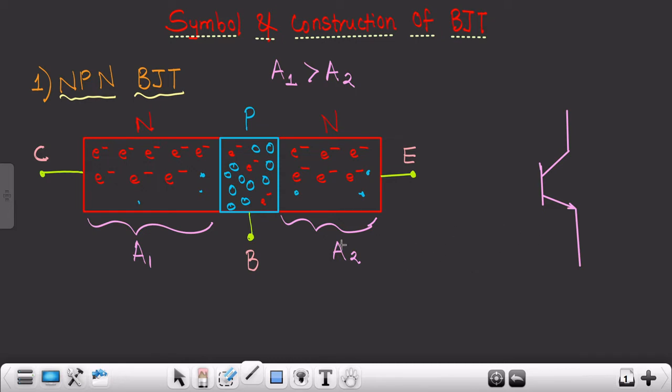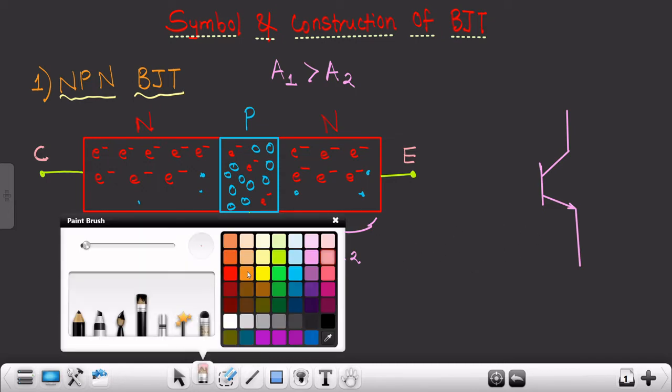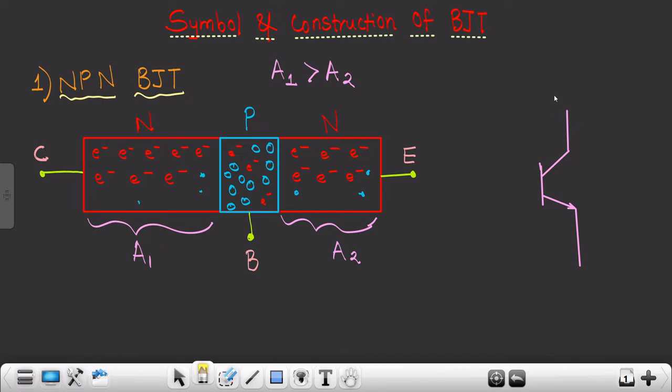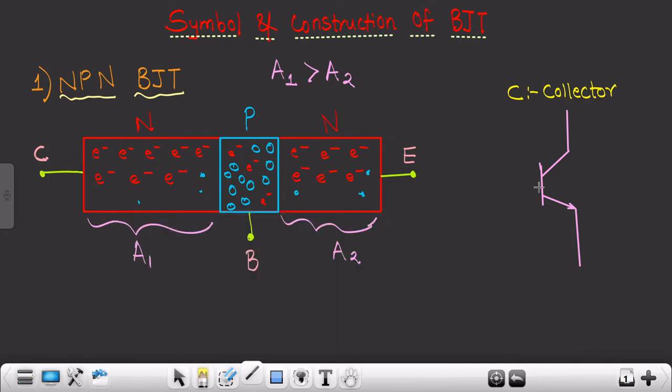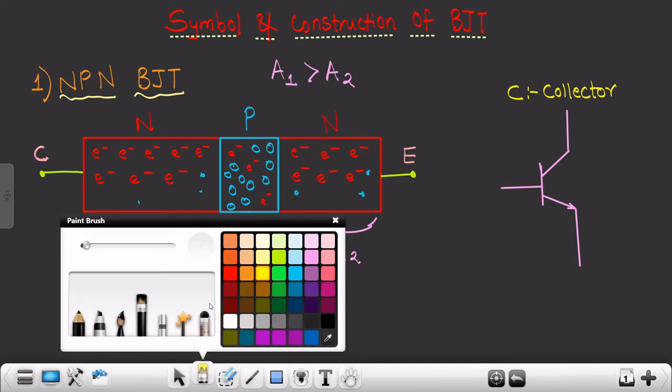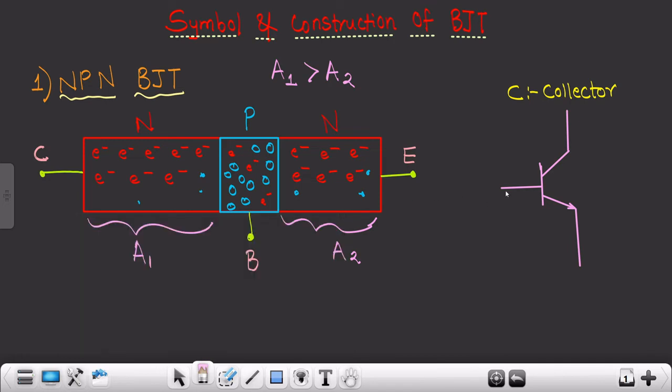Okay, so this particular region, as you can see over here, or this particular electrode, is known as C. I'll write over here C, that is the collector electrode. Okay, and I just forgot to draw this particular thing over here. This is known as the base, and let me just draw a small dot, indicating that these are the electrodes of this particular transistor.